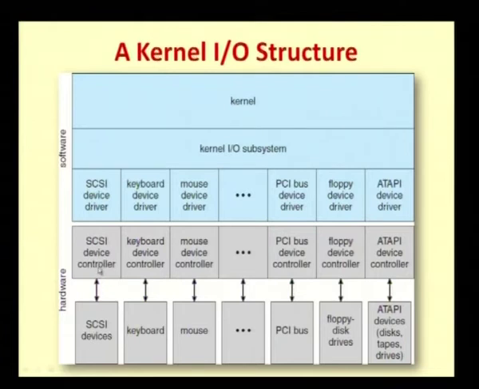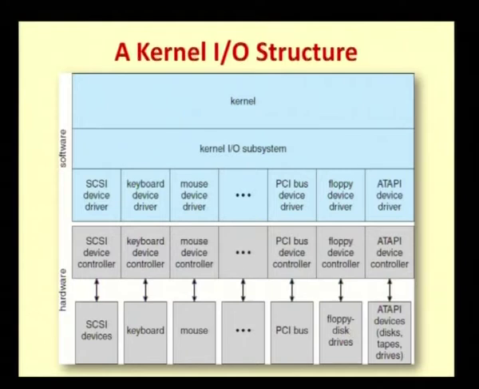The SCSI device controller communicates to SCSI hardware, keyboard device controller communicates to keyboard, mouse device controller communicates to mouse, PCI bus device controller communicates to PCI bus, and floppy device controller communicates to the floppy disk drives, which are nothing but the removable drives.